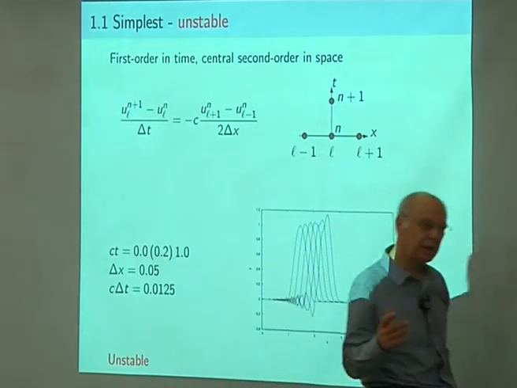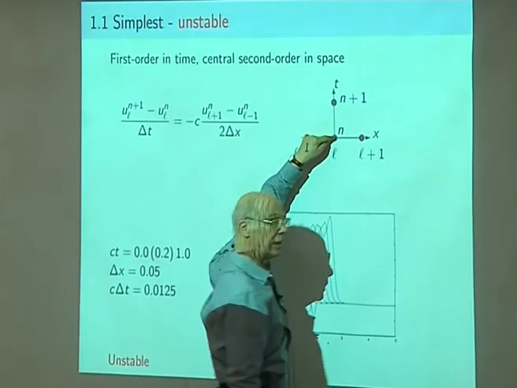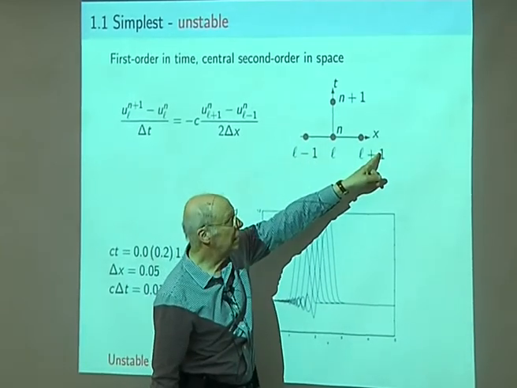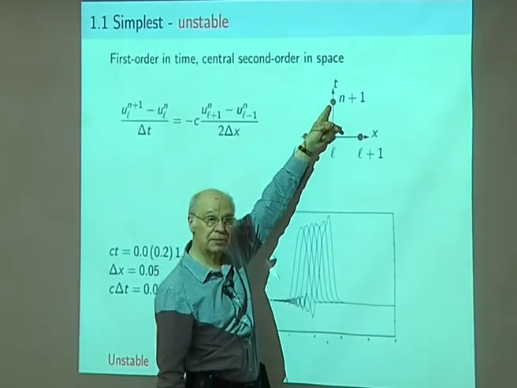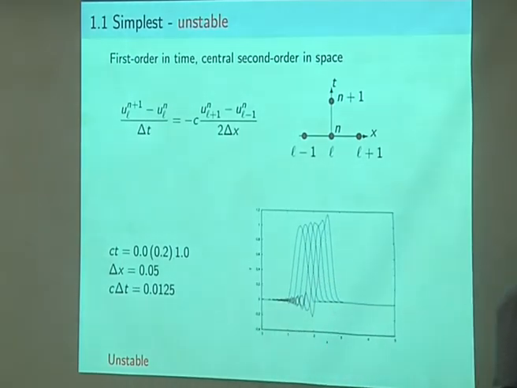The curiosity in this subject is we plot x sideways and time upwards. So I've got my point, time level n, position l, a space advance, a space with the point behind, and then going up to time level n plus 1. That's my little numerical molecule written in that form.